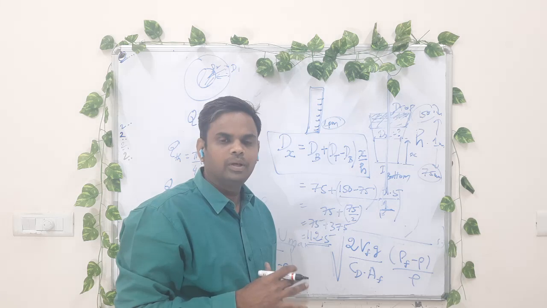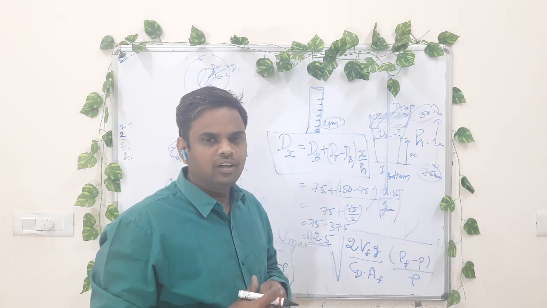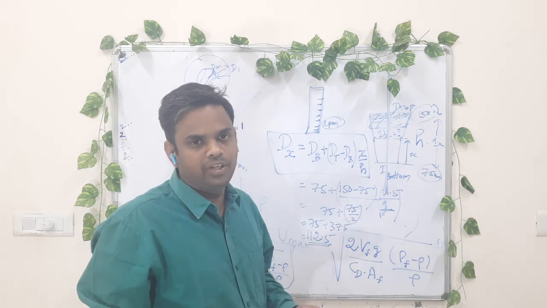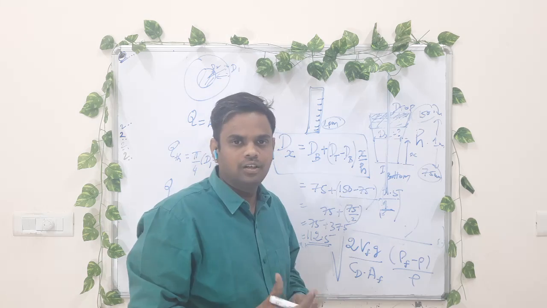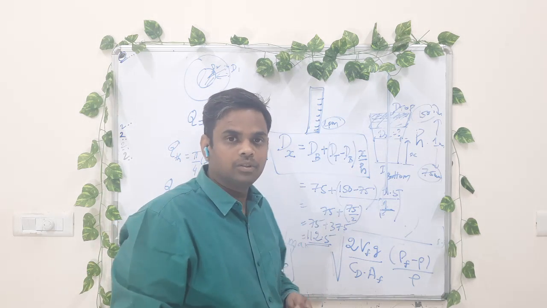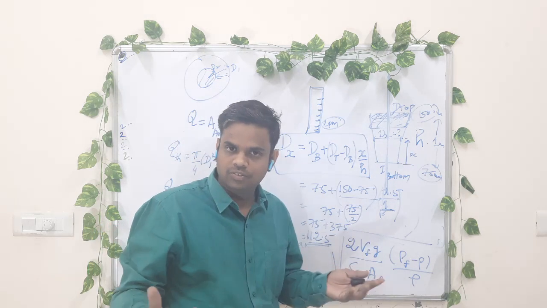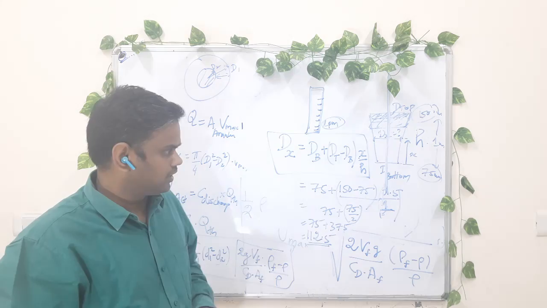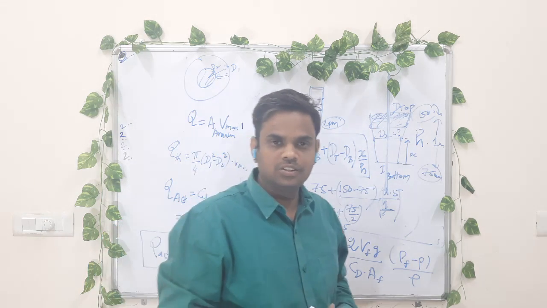Remember, this can be used to measure a wide range of volumetric flow rates. It can be used for various fluids, regardless of different viscosity or density, and it is used even for compressible as well as incompressible fluids. So that's why I was telling you it can be used for liquids as well as for gases or vapors. Only thing is we have to ensure that the float material is corrosion resistant.